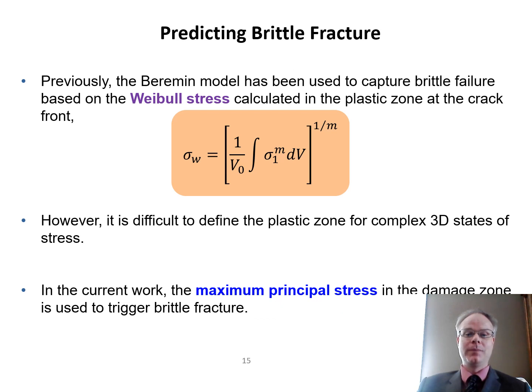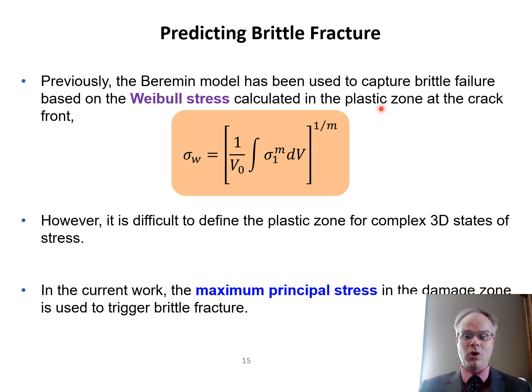in order to be able to capture brittle fracture. So in literature, we often know the Beremin model, which describes the Weibull stress. You're basically computing the stress around the crack front or in the plastic zone, and that is used as a measure of when the material will fracture. One of the issues is in a fully three-dimensional finite element model, it's difficult to actually describe the plastic zone because it's fairly complex.